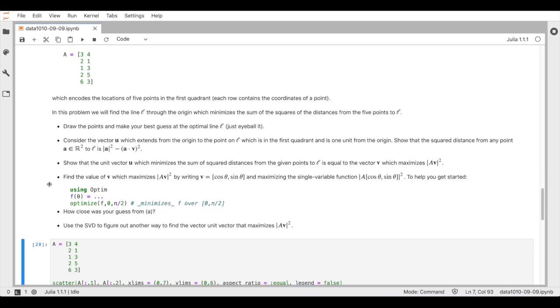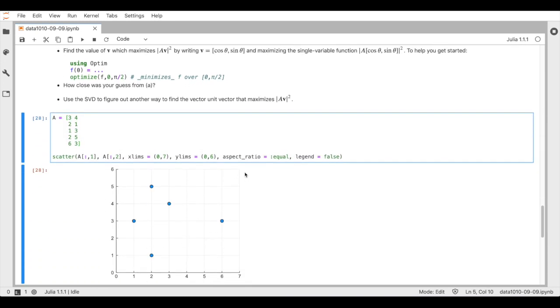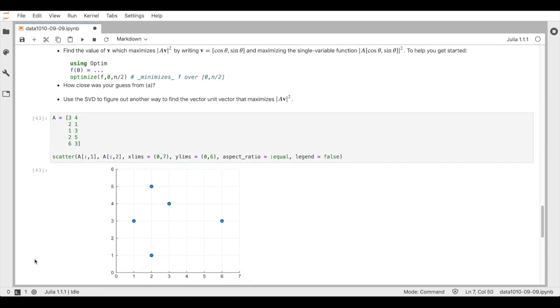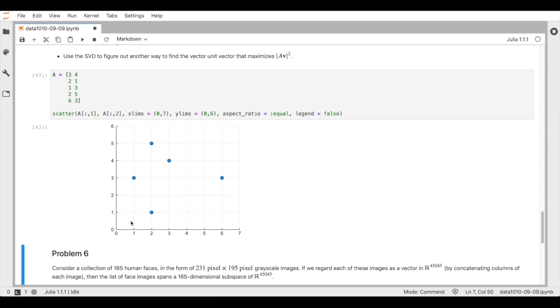And we're going to plot these points in the plane. They look like this. And we're going to be looking for the one-dimensional vector space, in other words, the line through the origin, which does the best job of approximating these points in the sense of having the minimum sum of squared distances to the 5 points.